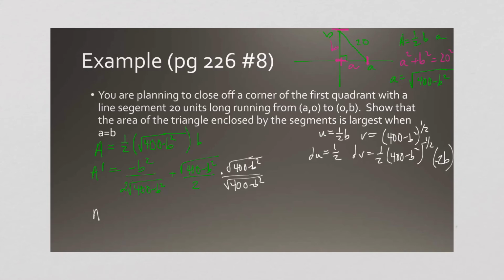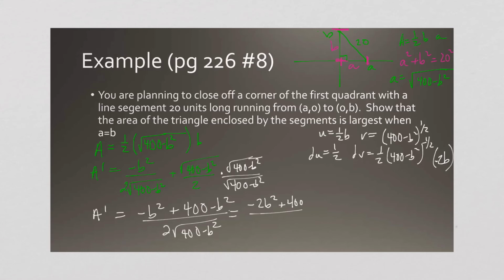Negative a prime equals negative b squared plus 400 minus b squared over 2 square roots of 400 minus b squared. My numerator is going to simplify to negative 2b squared plus 400 over 2 square roots of 400 minus b squared.